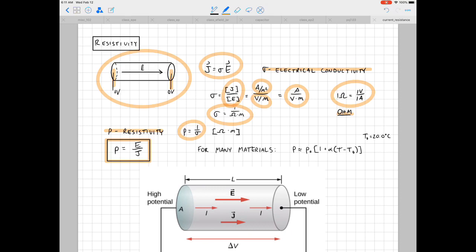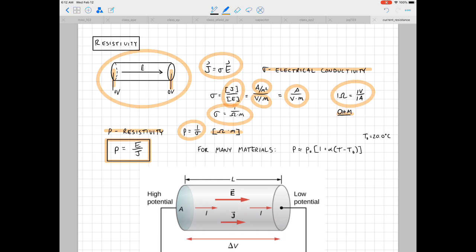And so the units of sigma are 1 over ohm meter, and so resistivity is just ohm meter. You just flip it around. All right, so conductivity and resistivity are inverses of each other. Both of the quantities are determined by the material that you're investigating.